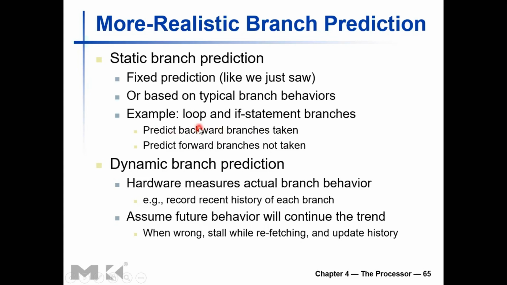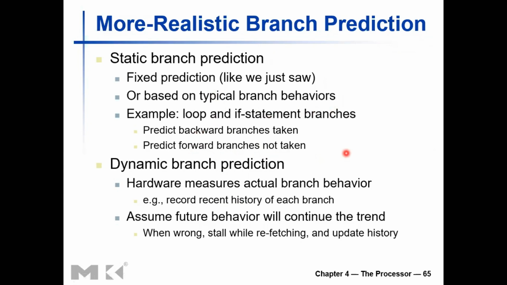In if statements, depending on the way you write the if statement, you can assume that the forward branch, skipping something and jumping ahead, is not taken. You're not taking the forward branch. Instead, you're going to the instruction just afterwards. So based on that, you can make a prediction.